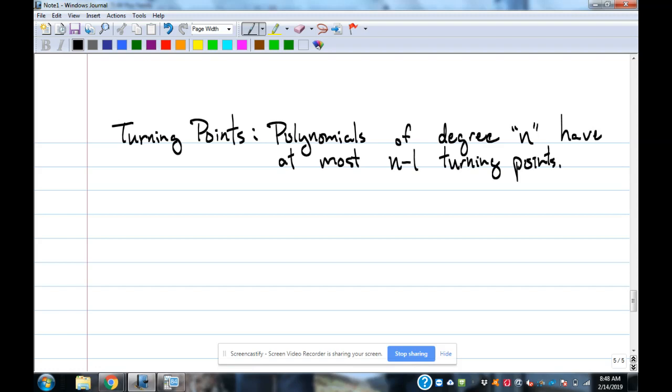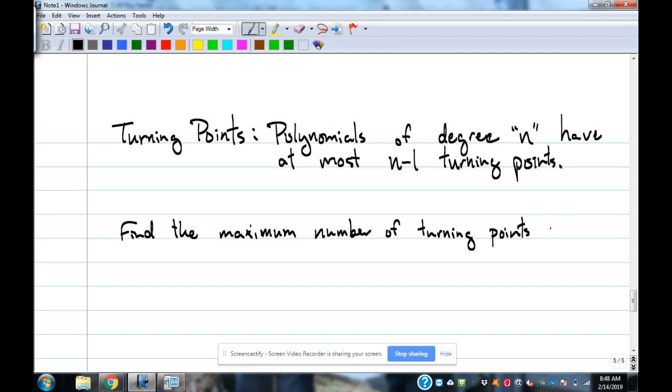Okay, so what we're going to find in this particular section is what's the maximum number of turning points a polynomial could have. So find the maximum number of turning points for the given polynomial.